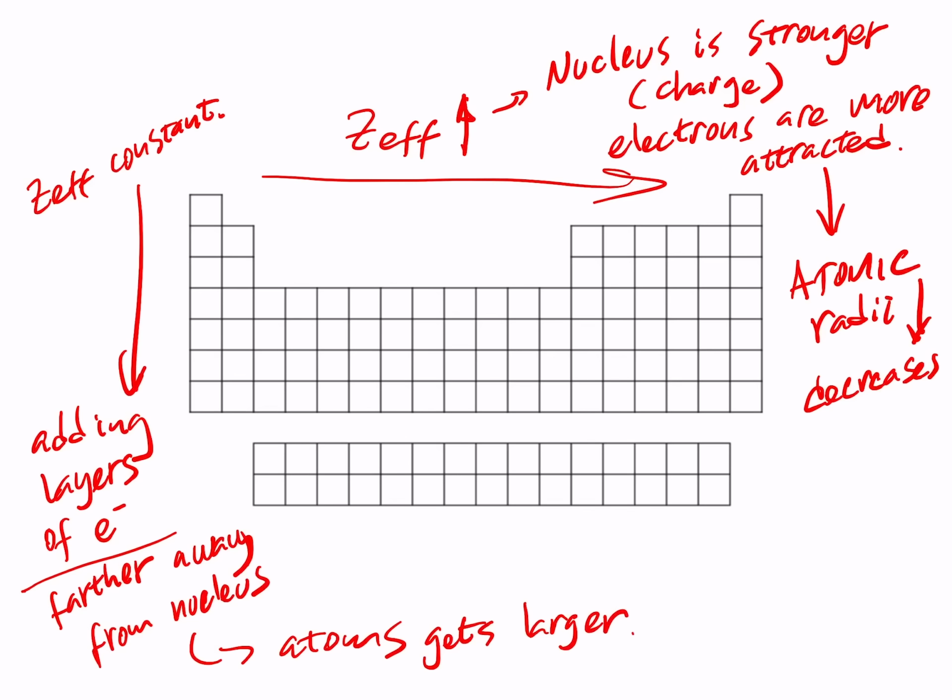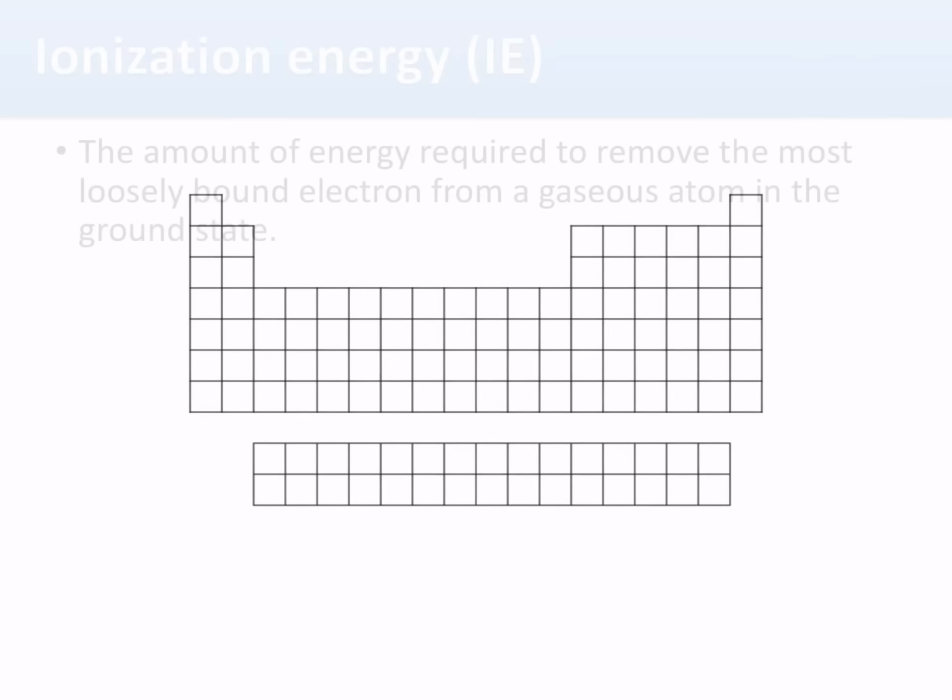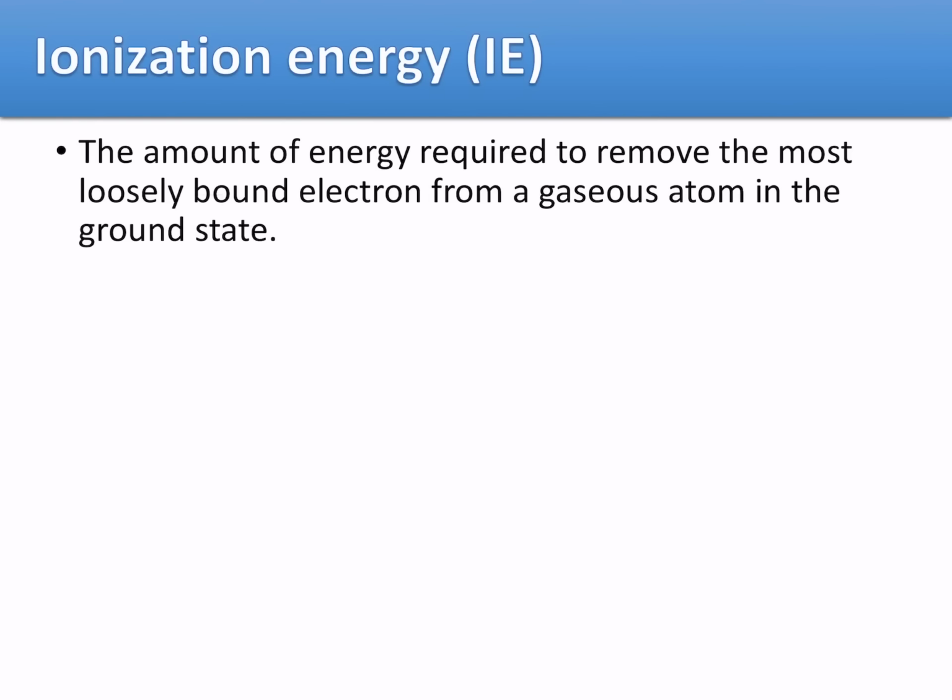Now, the size of the atom has an important consequence when it comes to ionization energy. So the next periodic property is ionization energy. Ionization energy is how much energy you have to provide to remove an electron from an atom. It's always a requirement, energy required, so the ionization energy is always positive.